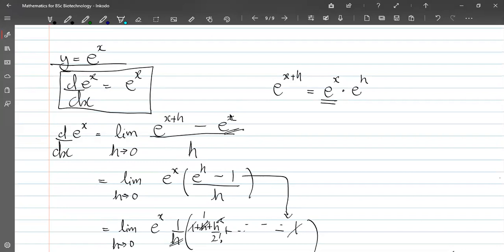The rate of change is nothing but the derivative with respect to time. So here we are finding the derivative with respect to x. If you differentiate some function of time with respect to time, that is called the time rate of change of that function.